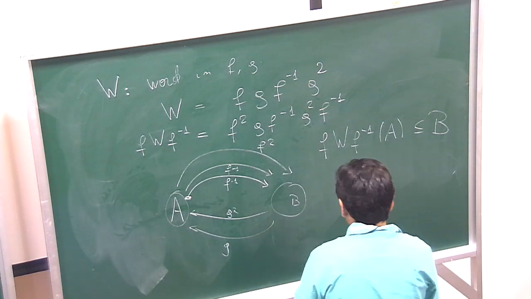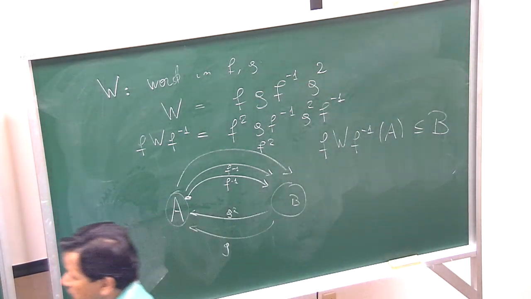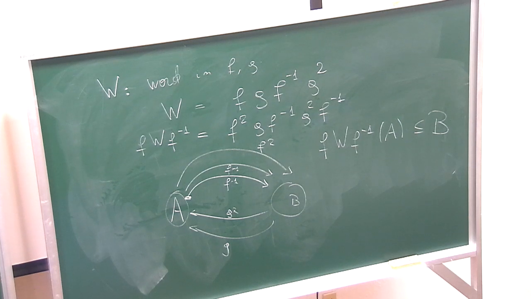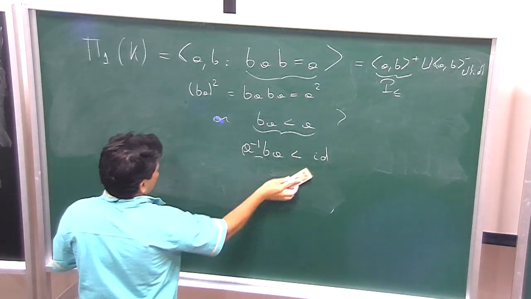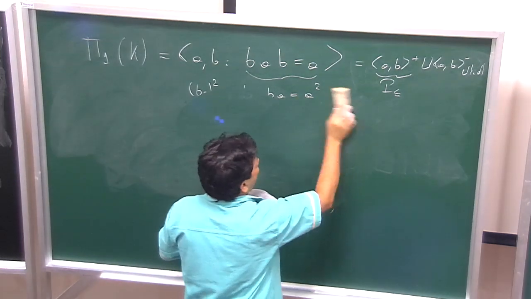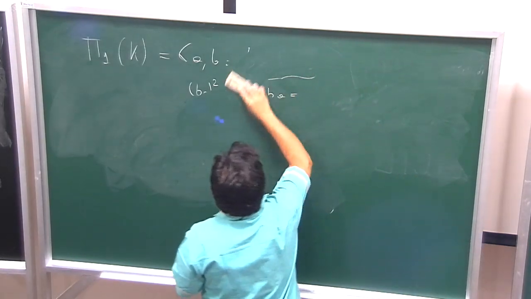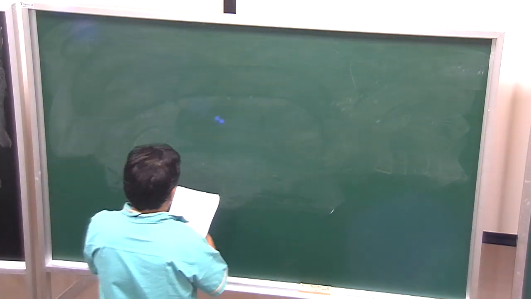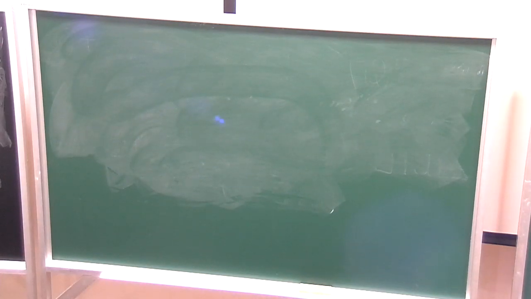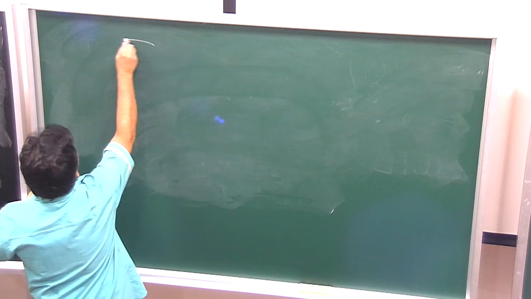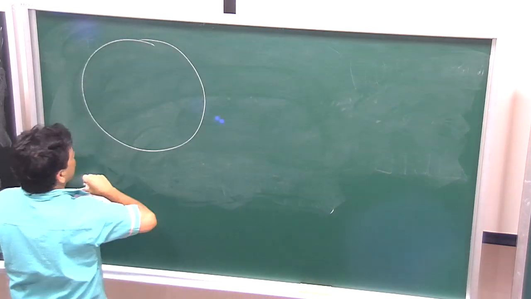Okay, so these kind of pictures appear naturally in this context because suppose that you have two elements, two Möbius transformations that are hyperbolic on the circle. So this is the classical picture of this stuff.